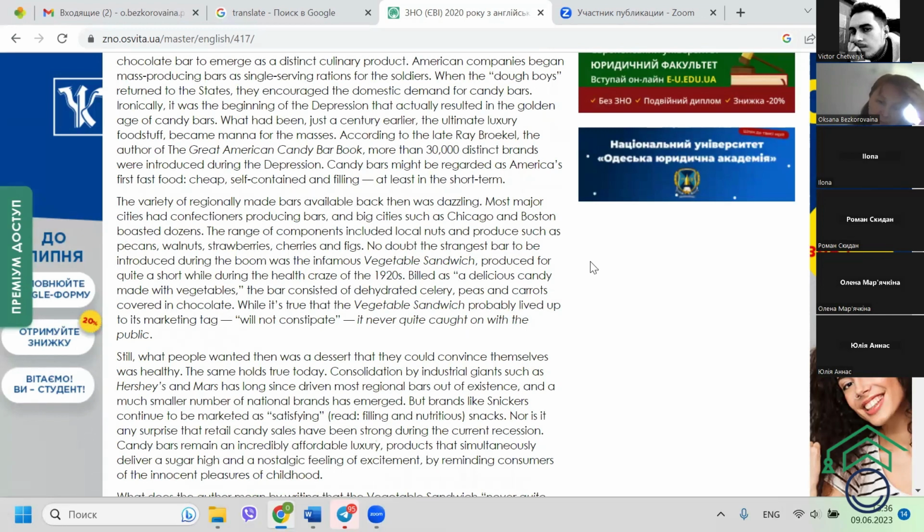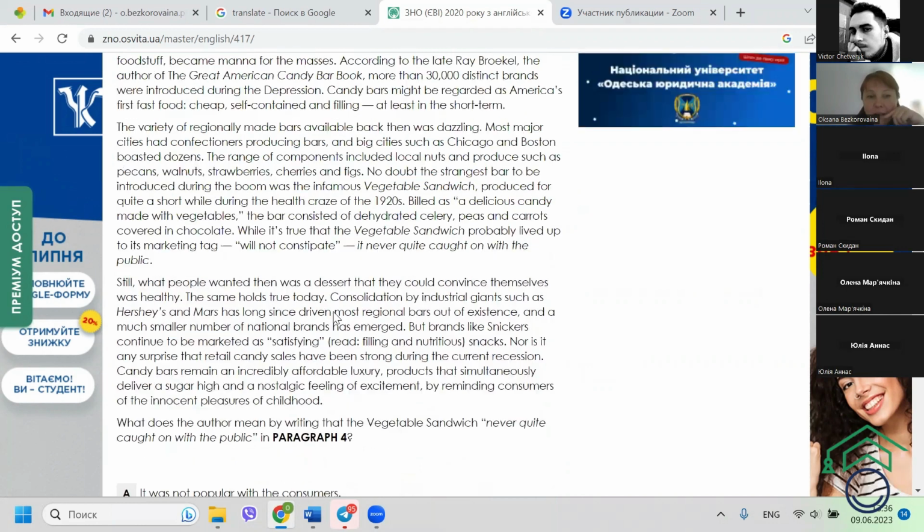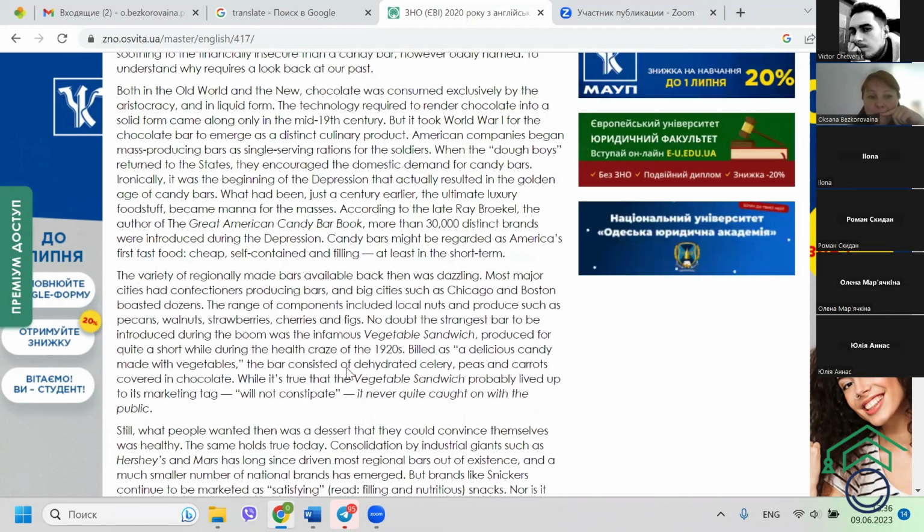Так, while it's true that the vegetable sandwich probably lived up to its marketing tag. Ага, ну ні, це треба раніше шукати, тут уже не то. It never quite caught on with the public. Ну, нам же треба з'ясувати, що це означає. It never quite caught on with the public. І це може означати. Може оце the bar потеряв.